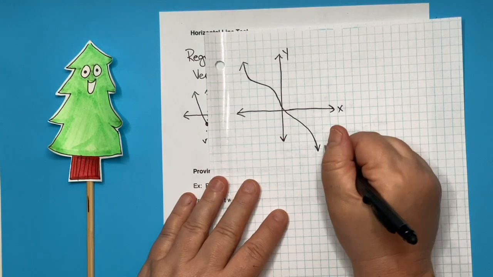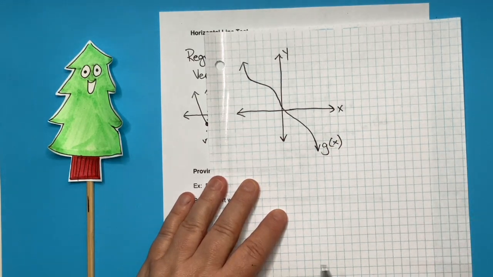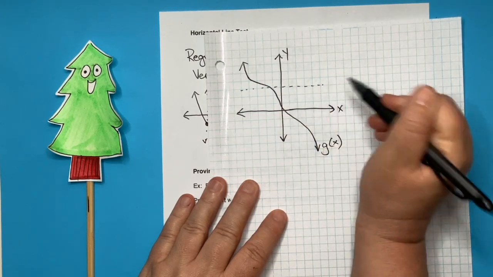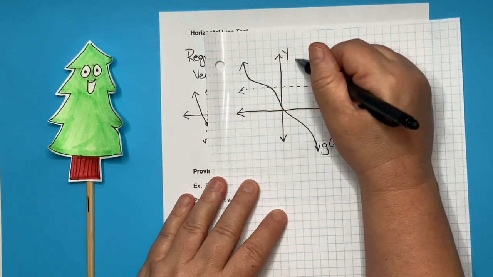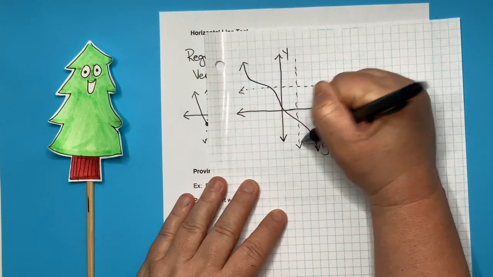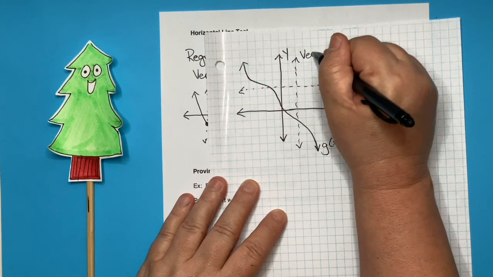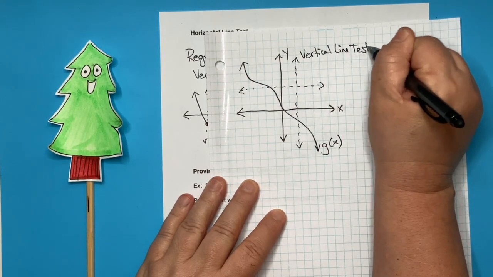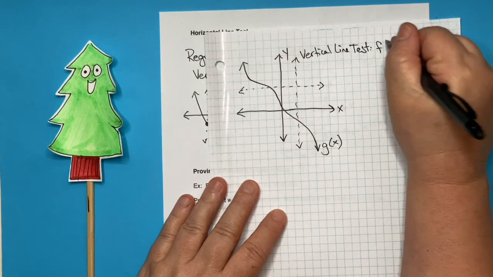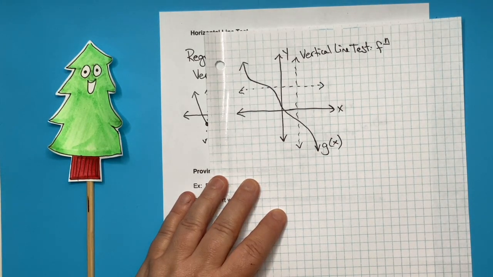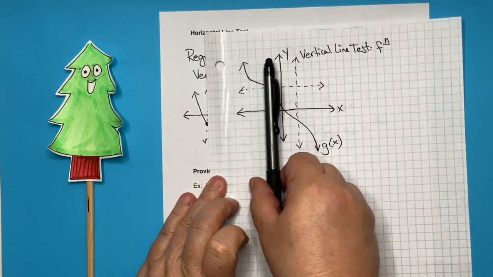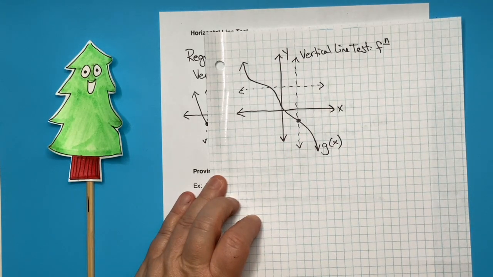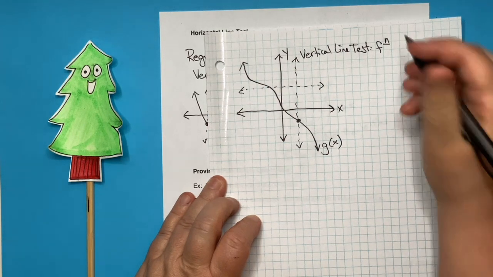So for example, if this is g of x, this passes the horizontal line test and the vertical line test. Remember, the vertical line test is that it's a function. And take a look, think about vertical lines going through. I claim that any vertical line goes through only one point, so it's a function.